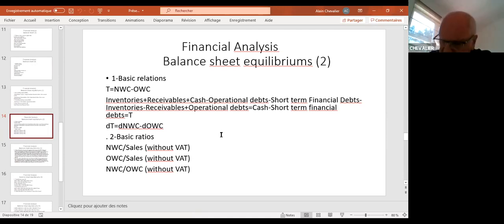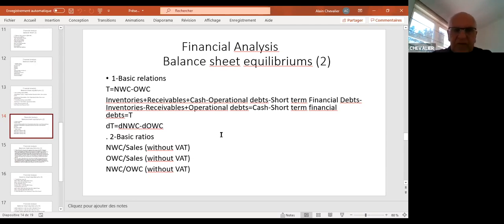And it brings some kind of measure of security. That means you have net working capital in excess. In fact, it means more total equity and long and medium-term financial resources, debts, than investment, and it leaves you as a CFO with an excess of net working capital, which can be used to finance any other asset, generally inventory first.